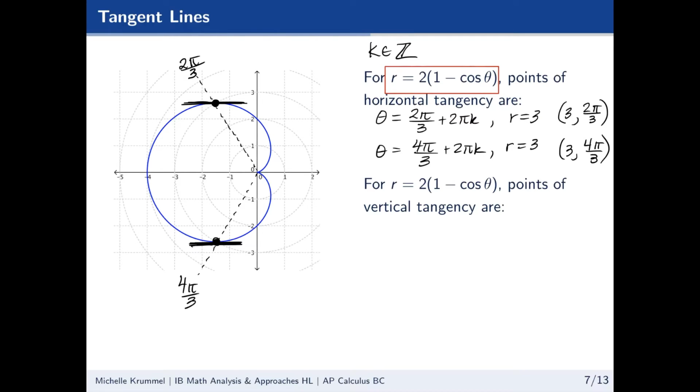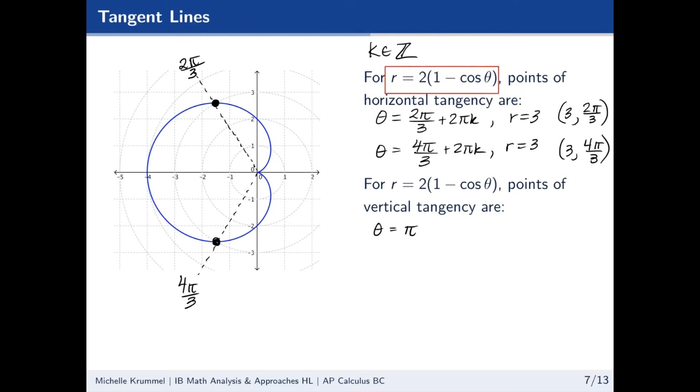So that's good. Now just looking at the graph here, I can see that I should be finding 3 points where the tangent line is vertical. We should have 3 solutions here. So let's go back to our solutions and see if we did that correctly. For our points of vertical tangency, when we solved, we found theta values of, now we threw out the 0, 2 pi, 4 pi, etc., but we kept the odd multiples of pi.